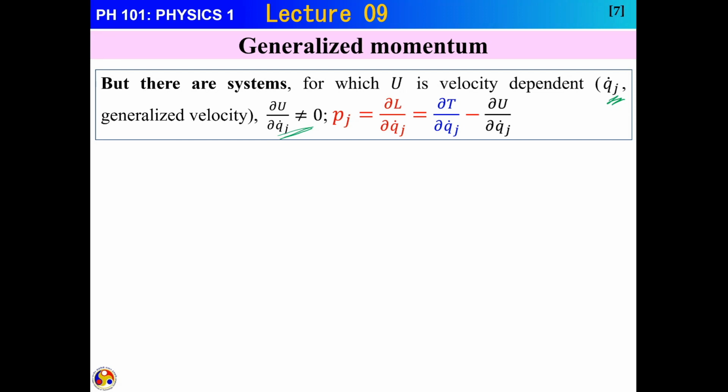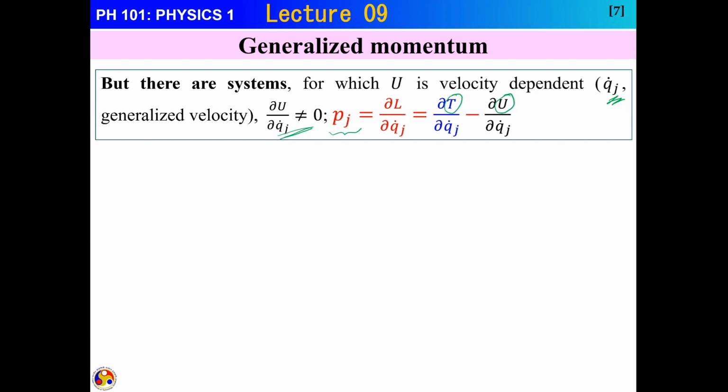It will be non-zero. Therefore, your equation of generalized momentum would not simply contain the kinetic energy term, but will now have a potential energy term also. So you have to remember that. Now, where does this situation happen? Can we give an example for it?